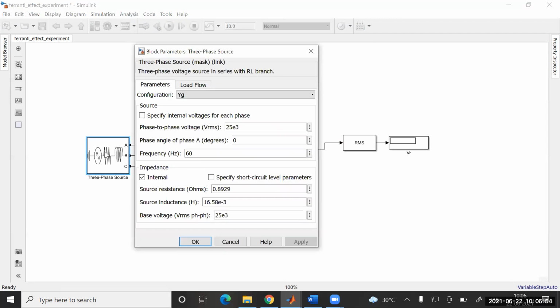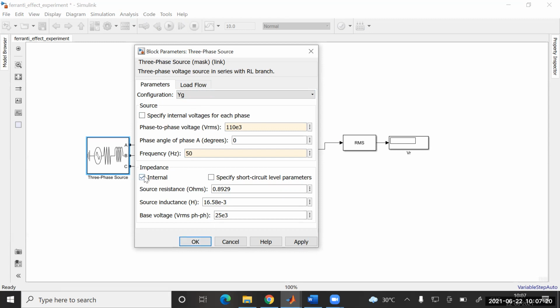Let's open this three-phase system. We'll keep this as a parameter, as a configuration, YG format. Okay, we'll change this value. We'll not give 25, let's give 110. Let's give this as 50, and let the rest all be as it is.